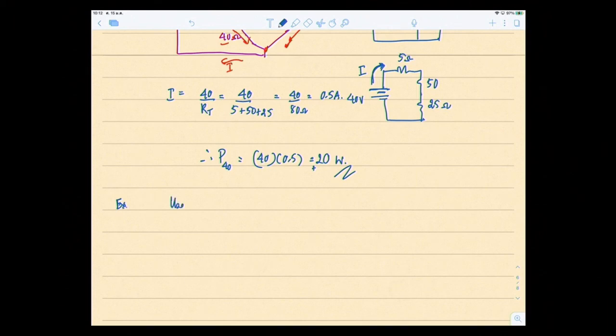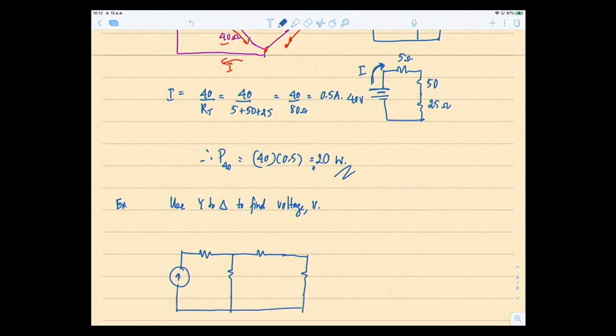Use Y-delta to find voltage V. Okay, so therefore, there.